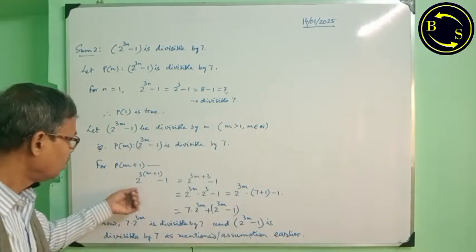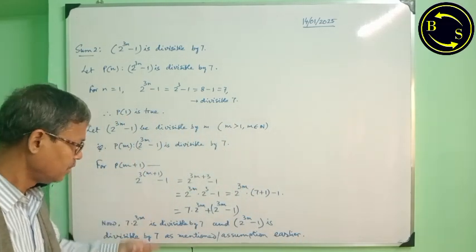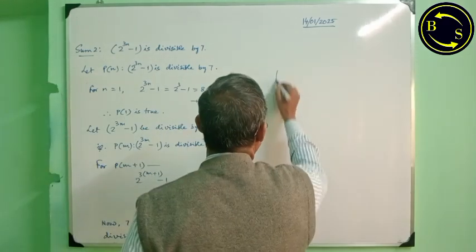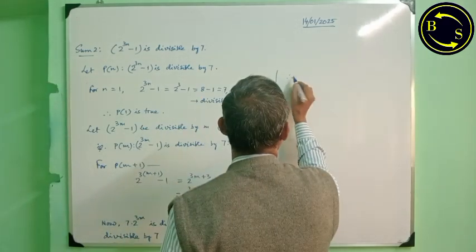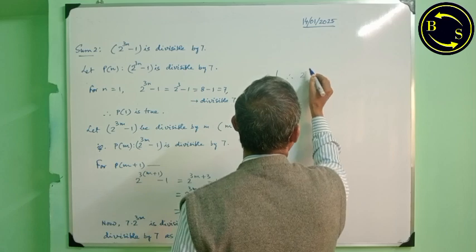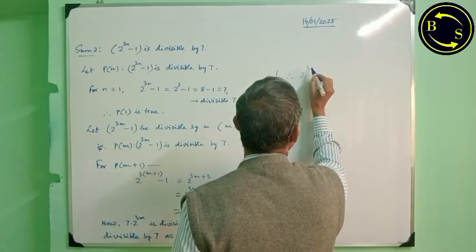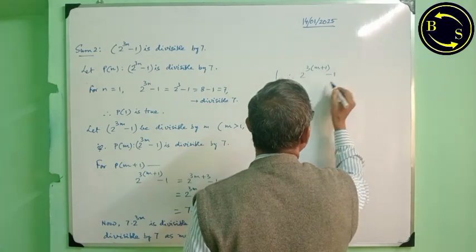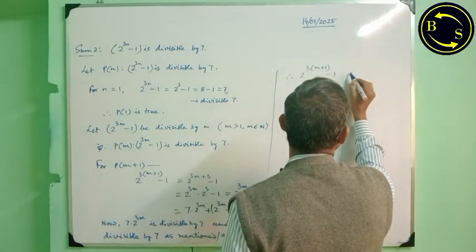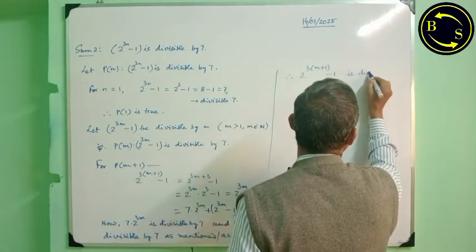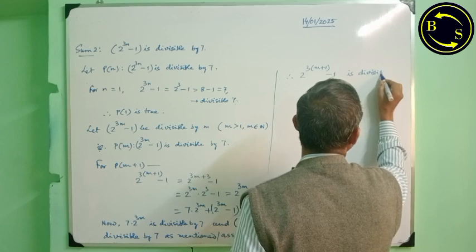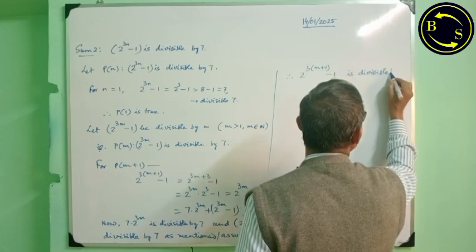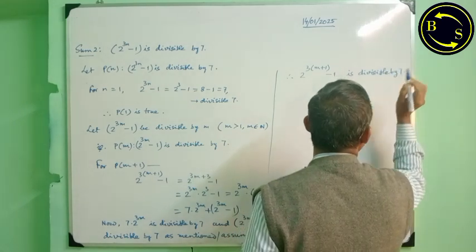Therefore, I can say this expression is divisible by 7. Therefore, 2 to the power 3 within brackets m plus 1 minus 1 is divisible by 7.